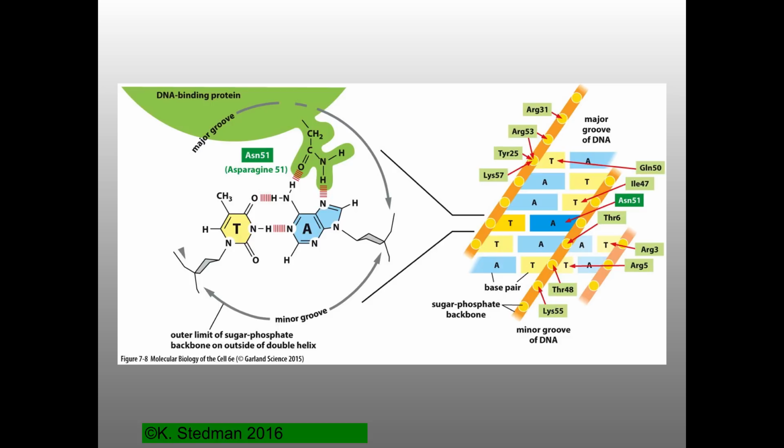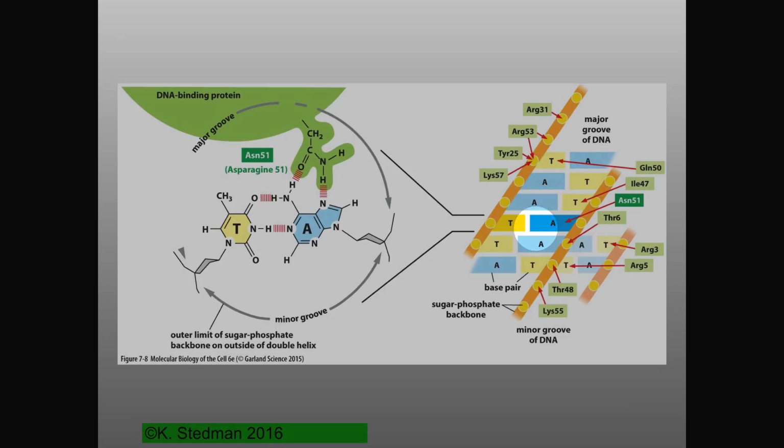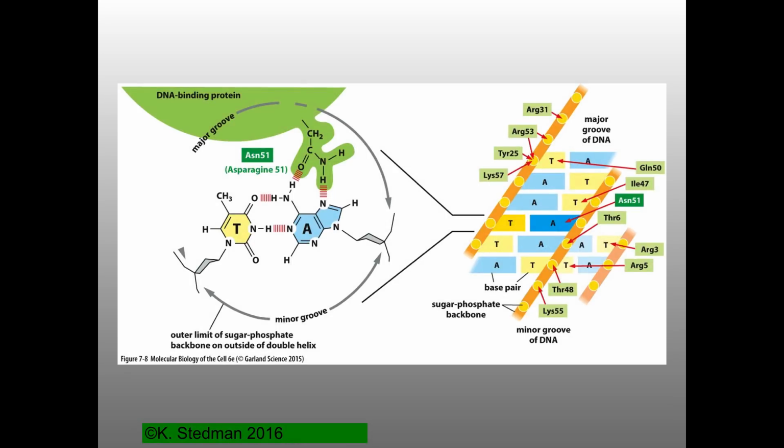The vast majority of gene regulatory proteins interacting with DNA are going to interact in the major groove of the DNA, because that's where you get sequence specificity. That's how you can have binding by a specific protein to a specific sequence. And that's how you can regulate the genes which are next to it.